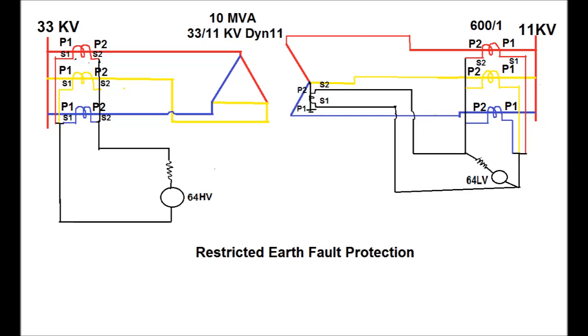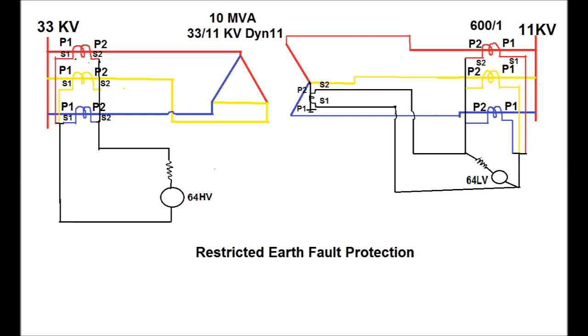Again for the LV side, the connection has been shown. The connection is that all the phase CTs should be connected with P1 to the bus side, that is towards the 11 kV side, and for the NCT, neutral CT, P1 shall be connected on the earth side.